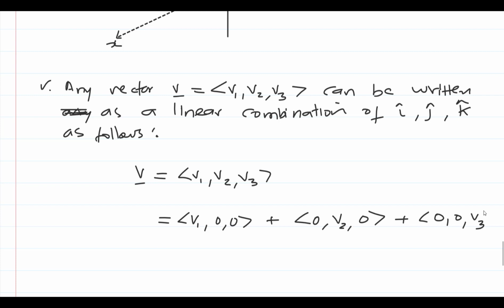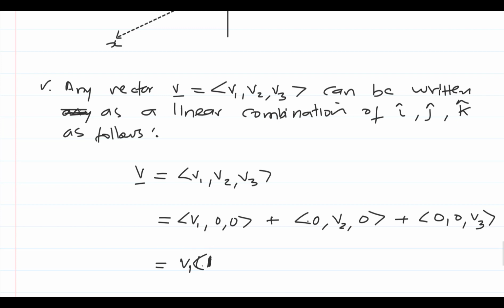In the other positions I only have zeros, so when I add them, I still get that vector. But then I know that if I factorize v1 from the first vector, I get 1.